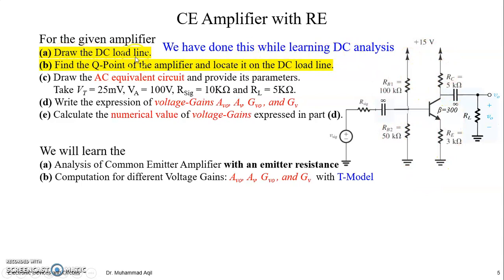We have drawn the DC load line, we have found the Q point and located it on the DC load line while we were discussing this thing, right? So we are not going to discuss these things in detail, but a little exposure will be given while going towards the remaining steps, right?